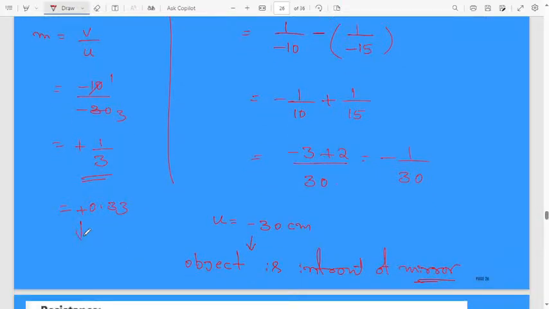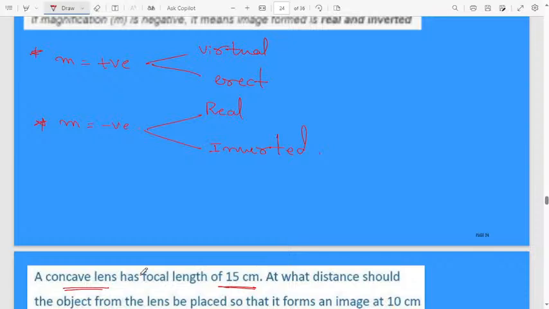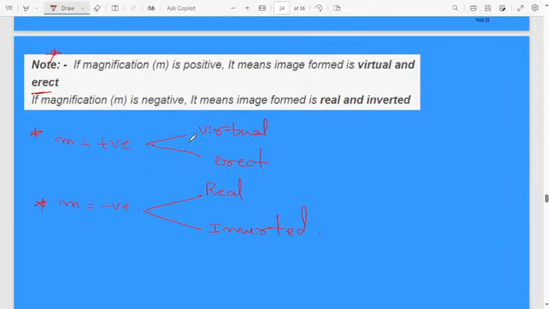Here the magnification value is positive. What it will indicate is that whatever image you are getting, the image is erect. Already I gave the list. When magnification is positive, the image is virtual and also erect.